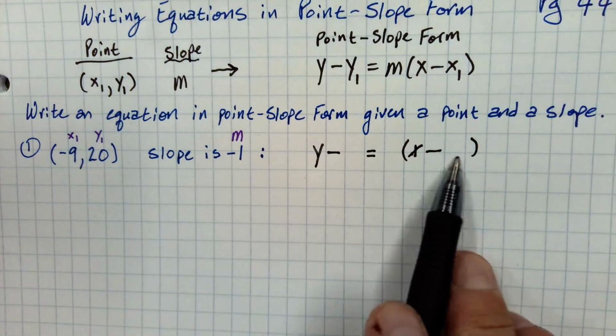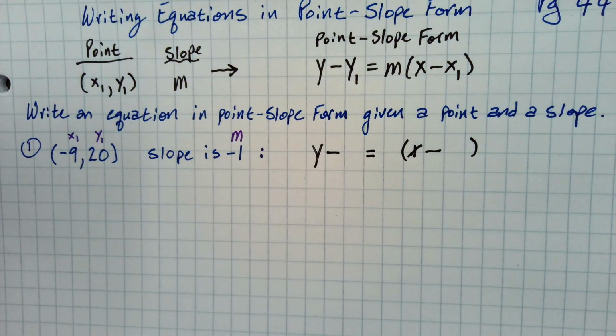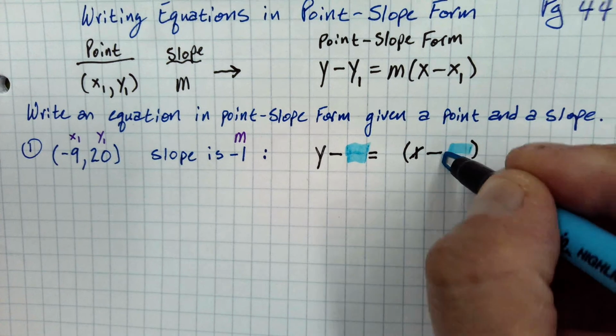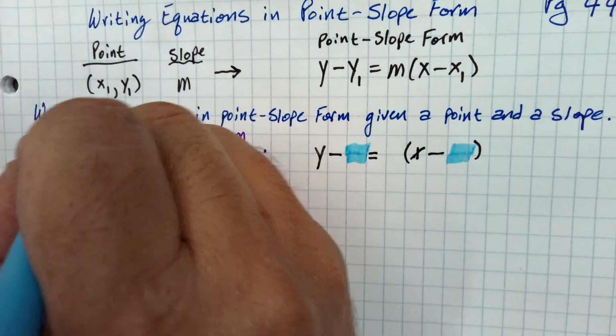So space here, space there, space there. We're going to fill in those spaces with some numbers. Here and here is where these numbers will go.